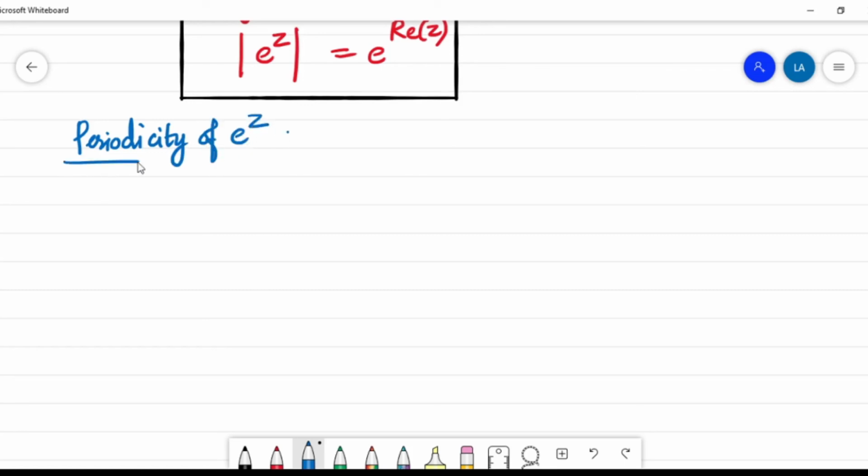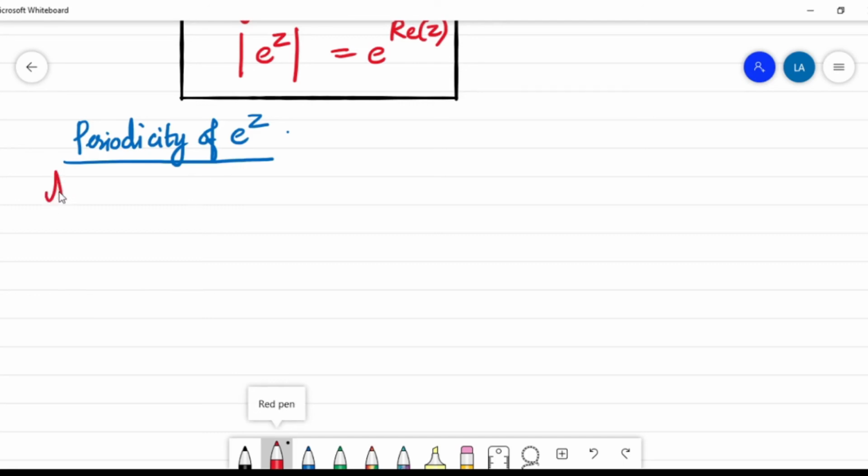But note that the periodicity of the real function e raised to x is never mentioned before, and it is not at all presented by the function e raised to x. And this is the main difference between the real exponential function and the complex exponential function, which says that the complex exponential function is periodic.